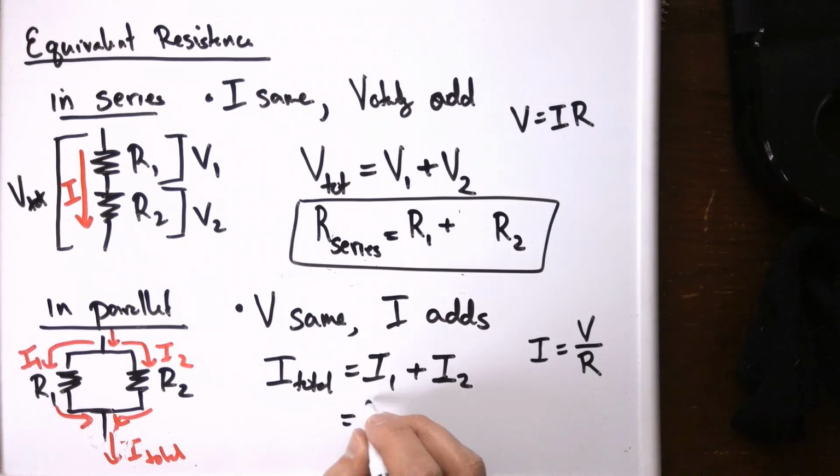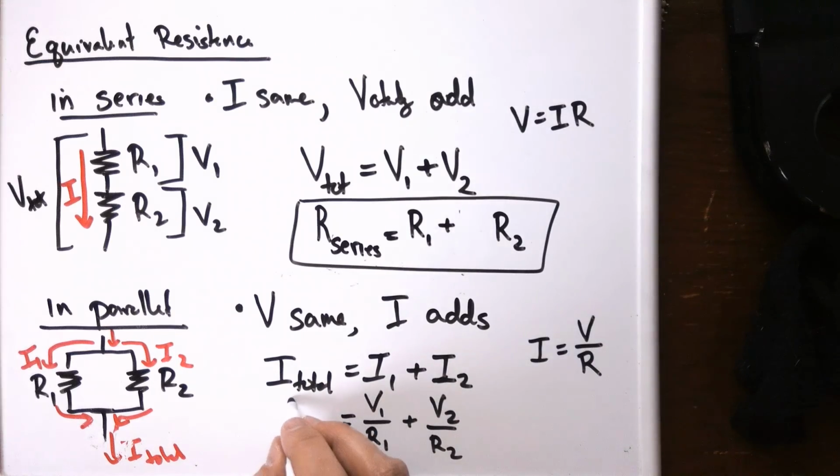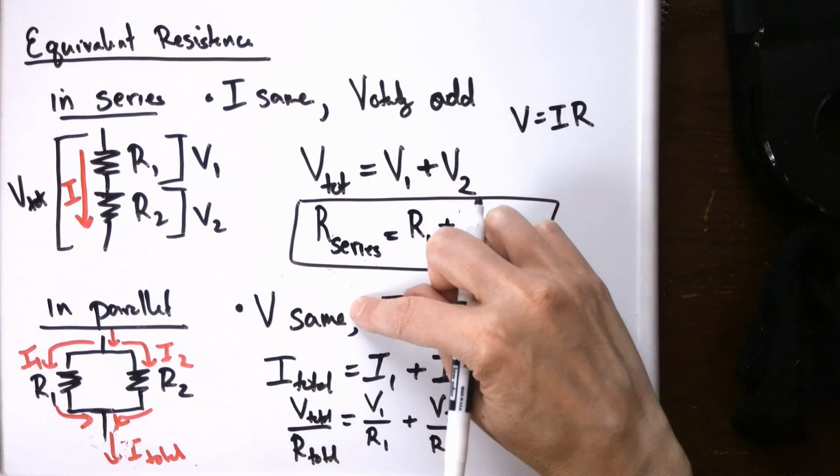So the current going through 1 is going to be the voltage drop across 1 over the resistance of 1, and the current through 2 is going to be the voltage drop of 2 divided by the resistance of 2, and then the total is going to be the total voltage drop over the total resistance, but the voltage is the same everywhere.